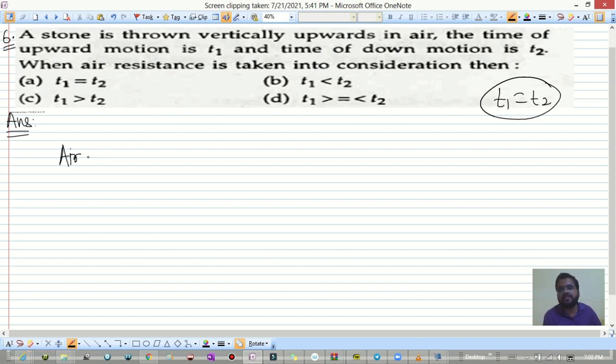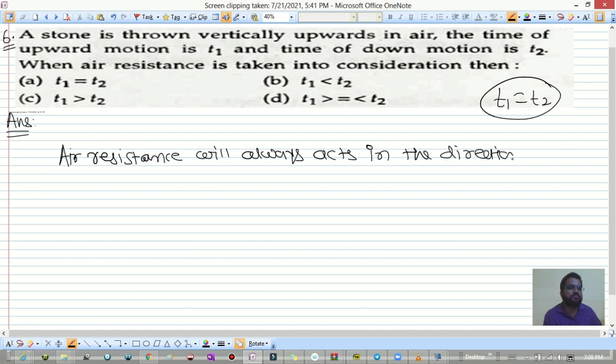Now see, air resistance will always act in the direction opposite to the motion of a body.